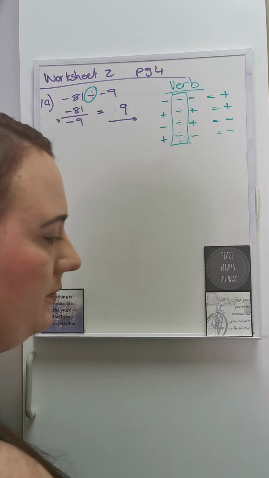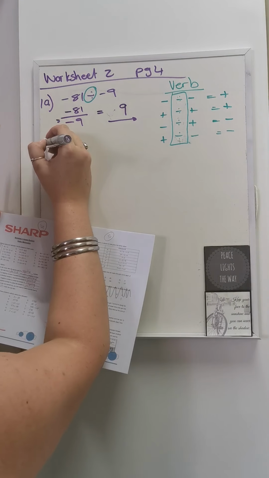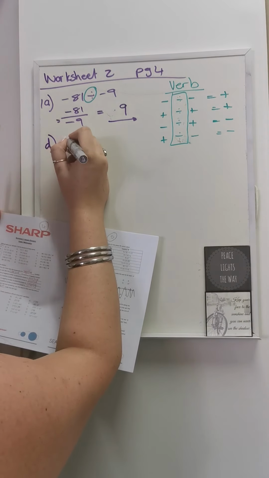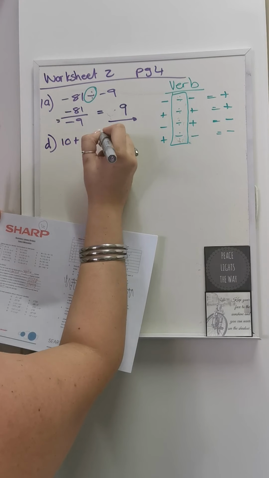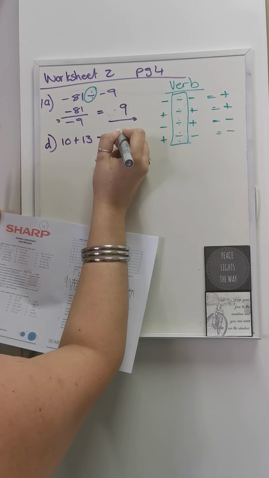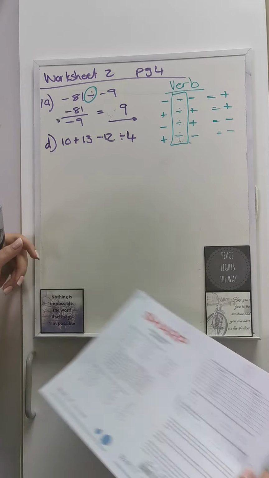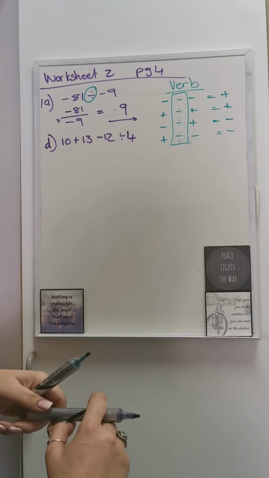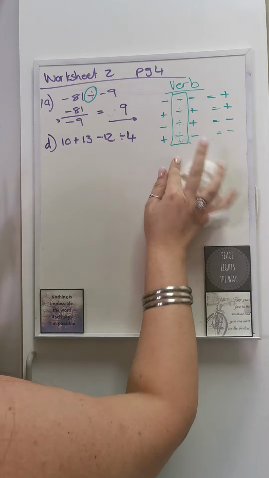Okay, so the next one I'm going to do with you will be number D. 10 plus 13 minus 12 divided by 4. So if we look at BODMAS, it says I must do brackets first.